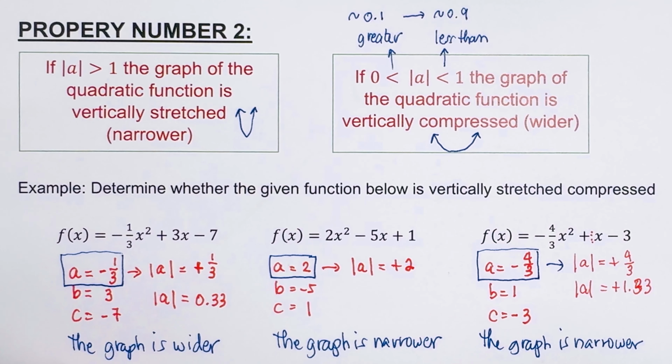Okay, we're gonna have property number 3 here. Property number 3 states that the axis of symmetry of a quadratic function is a vertical line with an equation x equals -b/2a.